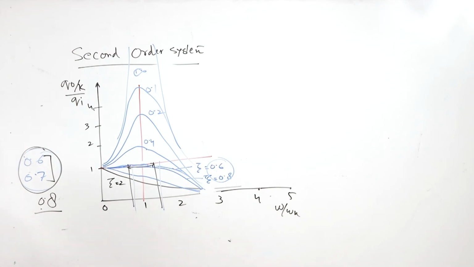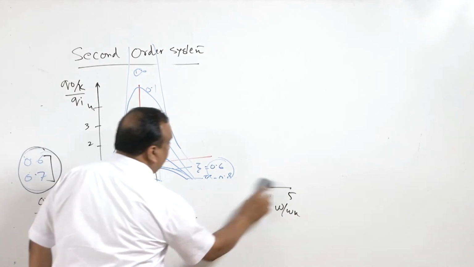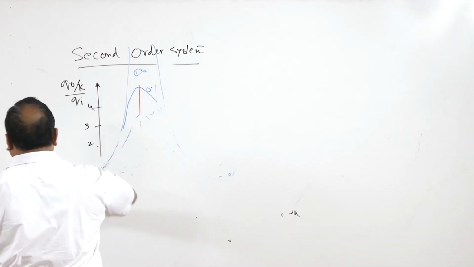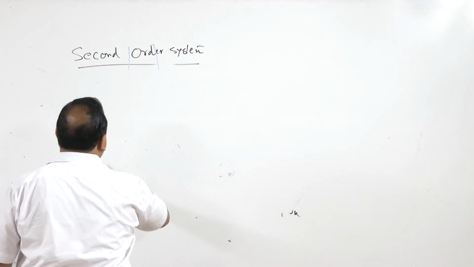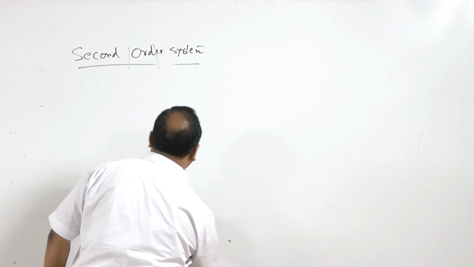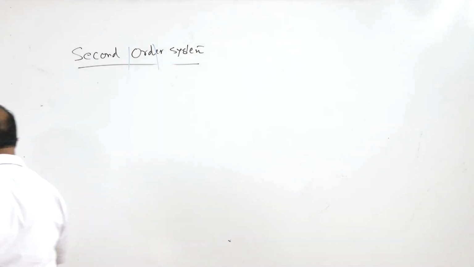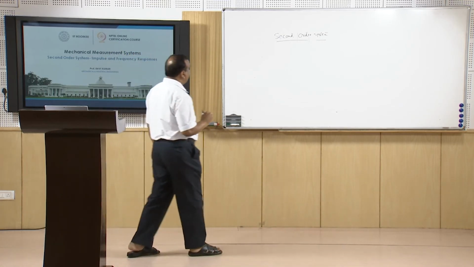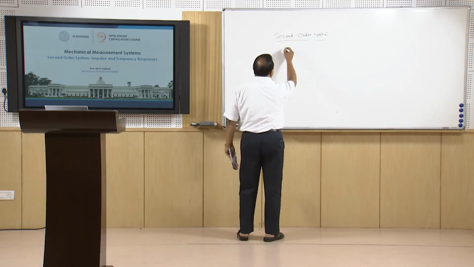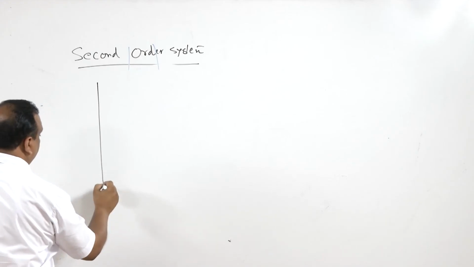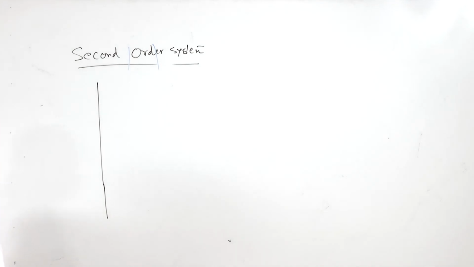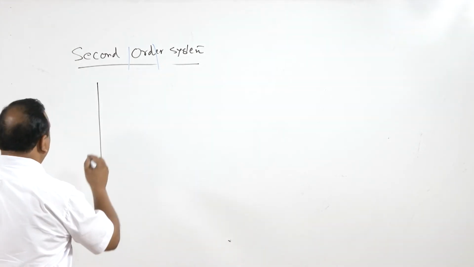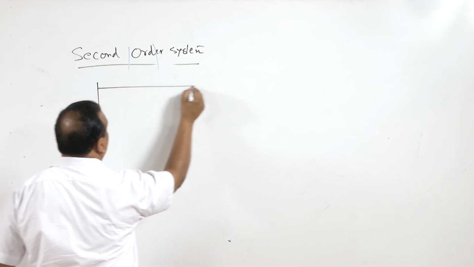Now we will draw the characteristic curve for phase lag as well, for the frequency response. Now for phase angle, because phase angle is always negative, as I said that the response cannot lead the input, it is always negative.